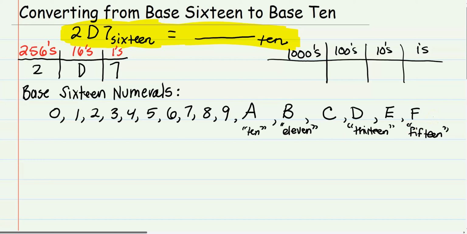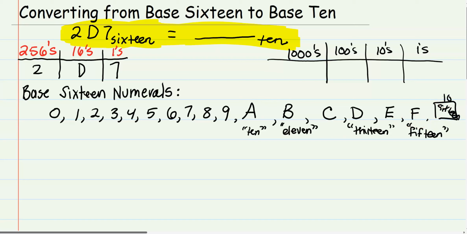Because when you hit 16, you will go to the next place value, which would be 1, 0. So those are the only numerals you have. This 1, 0 after F would be one full group of 16.